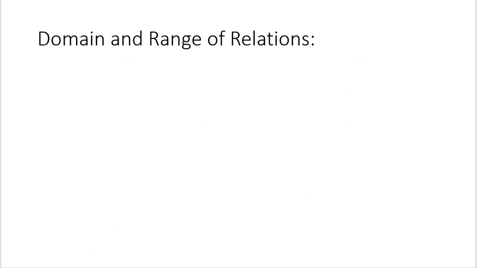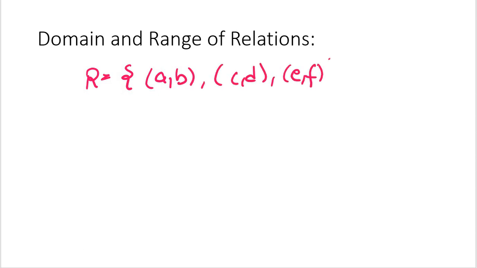Let's say I am getting a relation in the form of (a, b), (c, d) and then (e, f), some random relation I am taking. So this domain will be nothing but a, c, e.